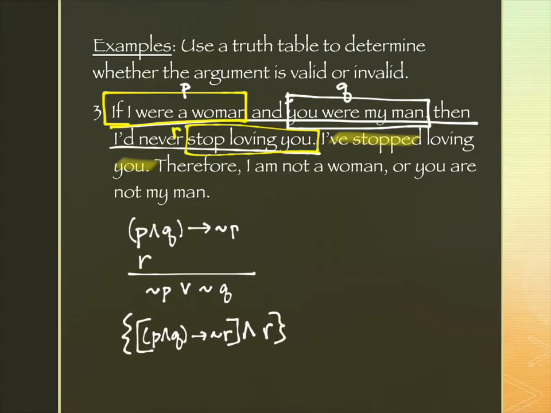If you just want to use another parenthesis or something, it's fine, doesn't matter. But all of this is the premise for the conclusion, tilde P or tilde Q from the bottom. Assigning all the structure is a challenge in itself. You all okay with that? We're going to take this to the next slide, and that's where I'm going to do the truth table.